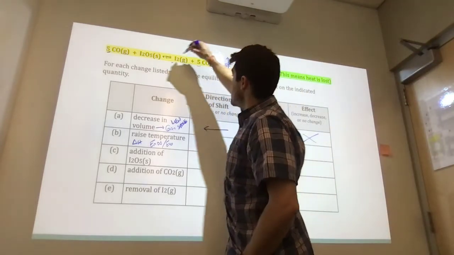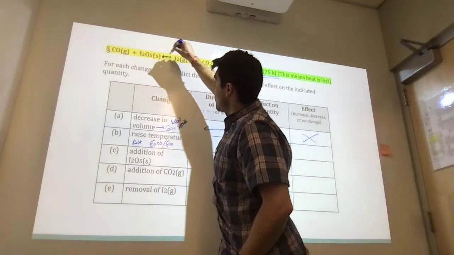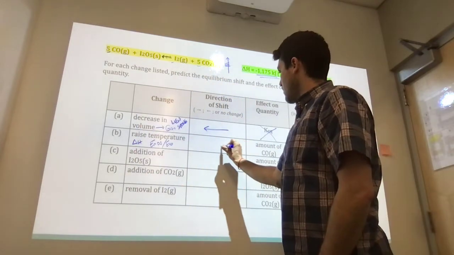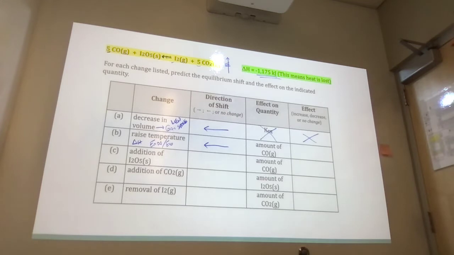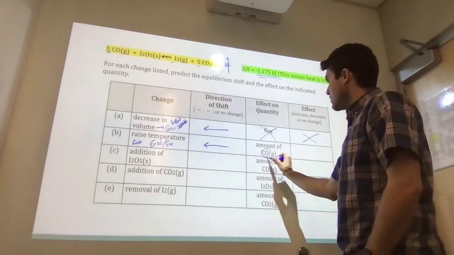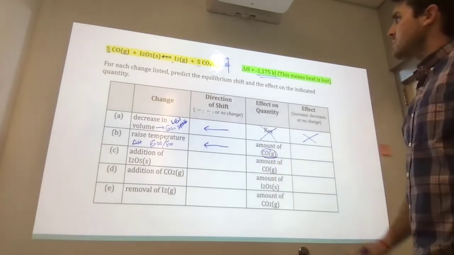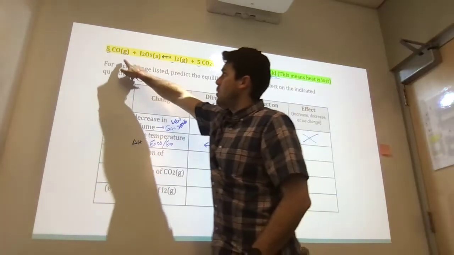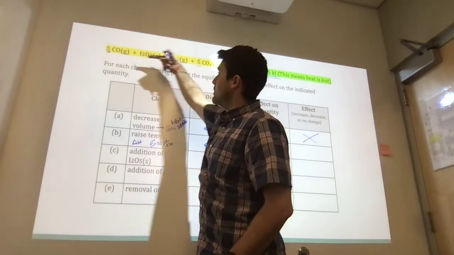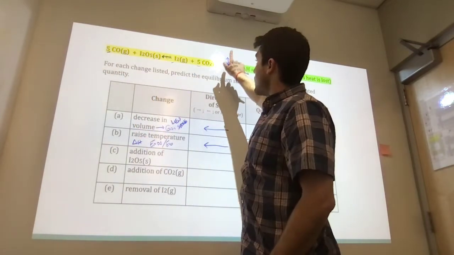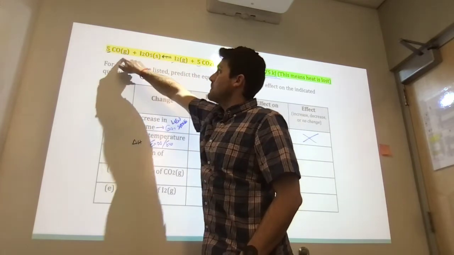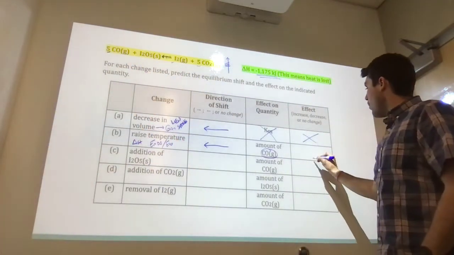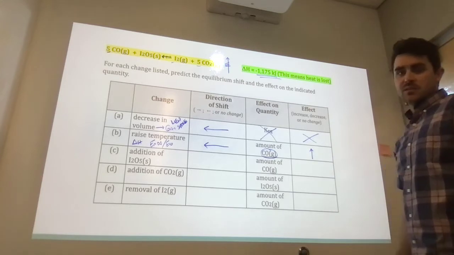And it uses the heat to drive the reverse reaction. Exothermic, give me more heat, I will use it. Okay, if it's going to use up the heat, what is it going to do to carbon monoxide? Where's carbon monoxide? Carbon monoxide is over here. It's a product of the reverse reaction. So give me more heat, I will use it to balance out my equilibrium, which is going to create more carbon monoxide as a byproduct.